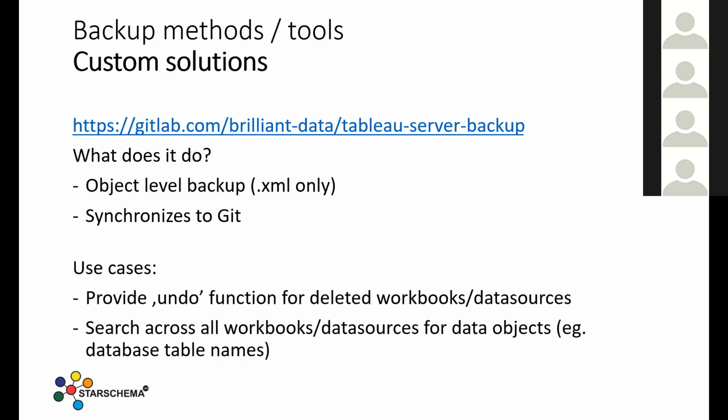Like, there is a solution to find a specific database table, which should be referred in some files, but you don't know all the workbooks you use it in. You can just search for it right now and have the results in a second. This is something you right now cannot do in Tableau Server, but from what I heard, it's an upcoming feature in 2019.3 as a separate component.